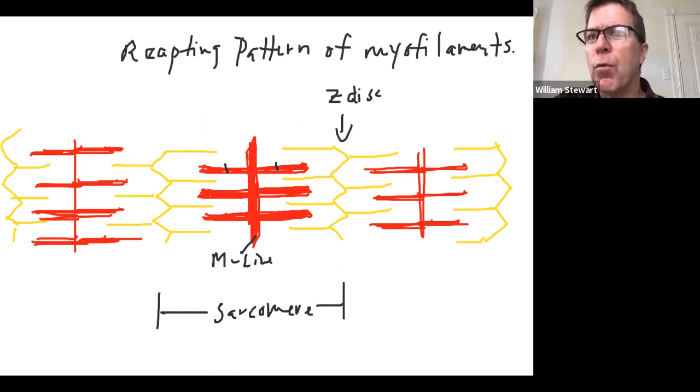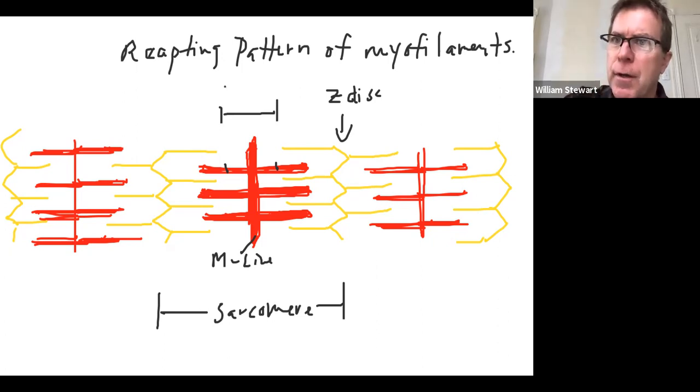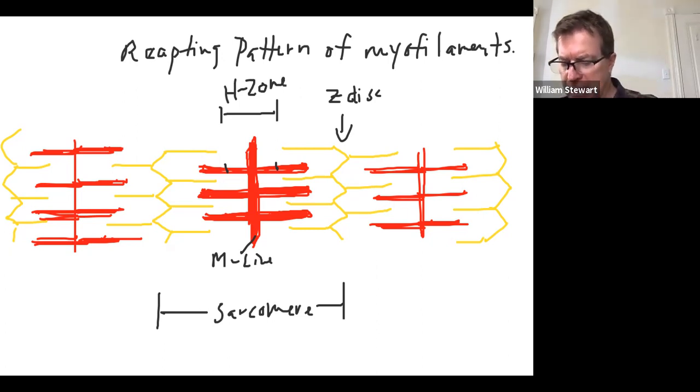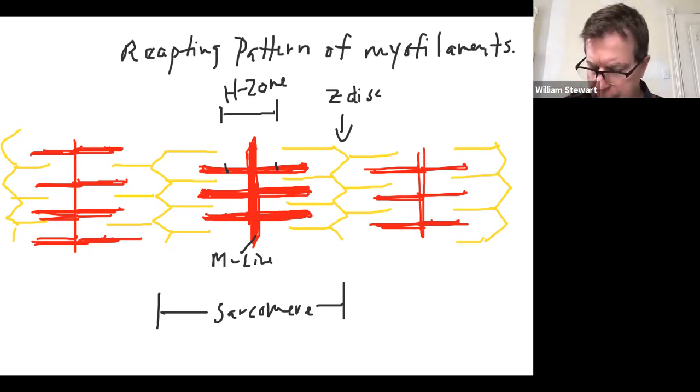Now, right between here and here, where there's no actin molecules, we call that the H zone. There's just names to these overlapping areas. We know that the M line is in the center.